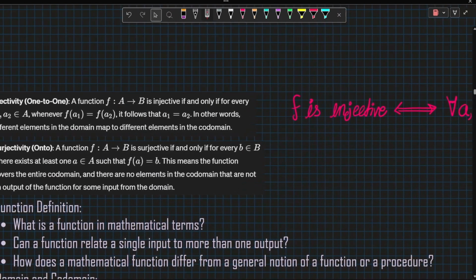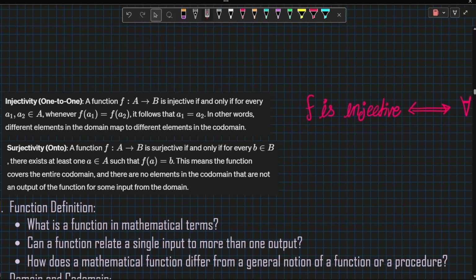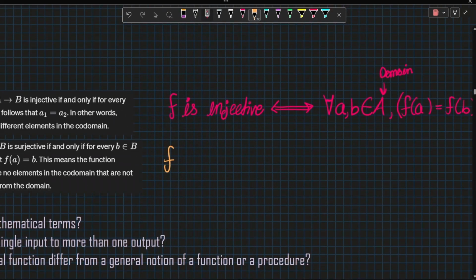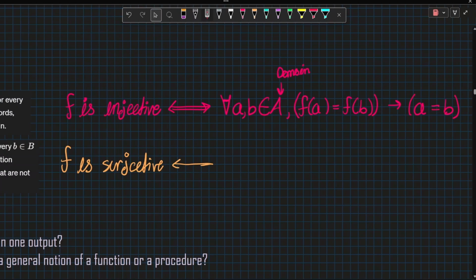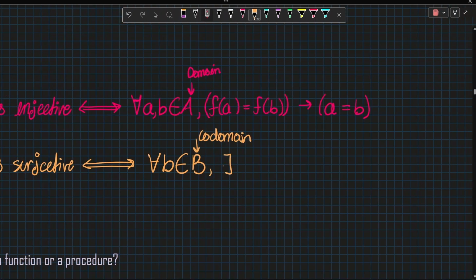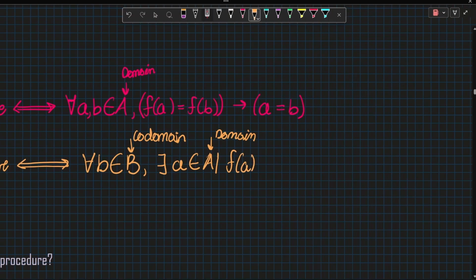For surjectivity, or onto, a function that maps A to B is surjective if and only if for every b there exists at least one a such that f(a) is equal to b. So this says that f is surjective if and only if for all b element of what we call the codomain, there exists some element a that's part of the domain such that f(a) is equal to b.